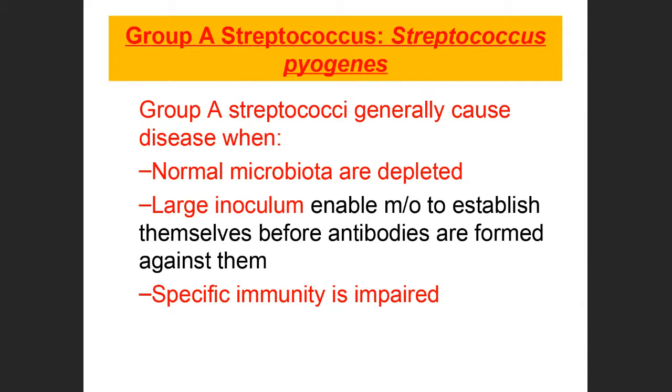The organism is virulent, but it doesn't compete very well with our normal flora. So as long as we have a good normal flora, the organism cannot cause much harm. It is when the normal flora is depleted, or if we're exposed to a large number of the organism, that we're in trouble. Or obviously if we have problems with our immune system.